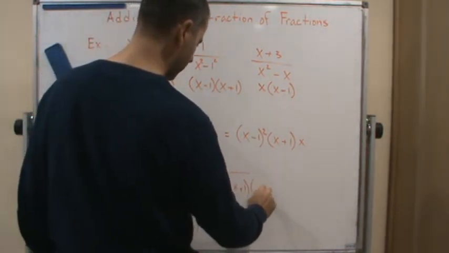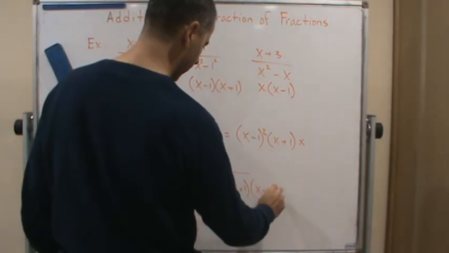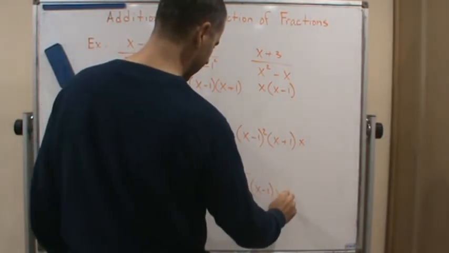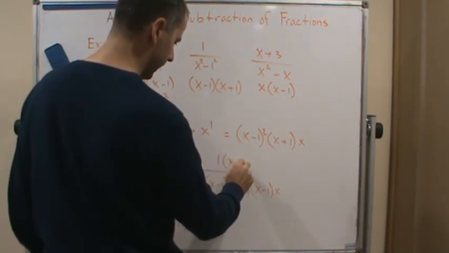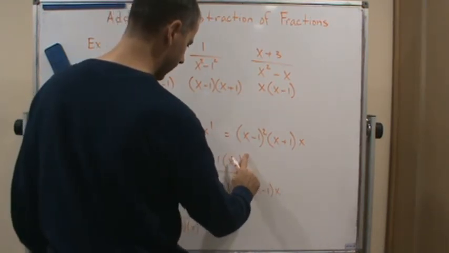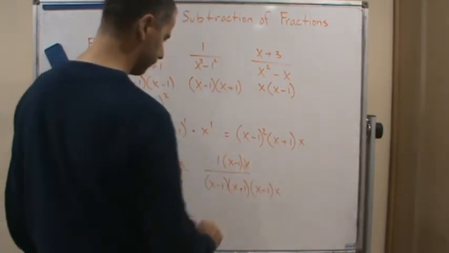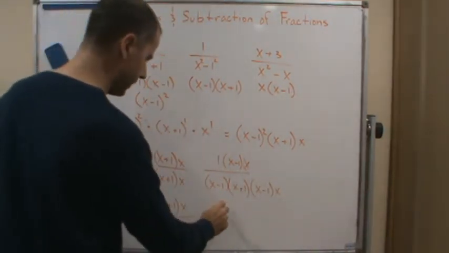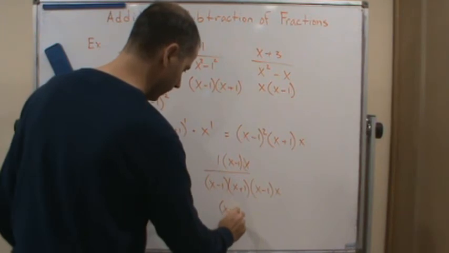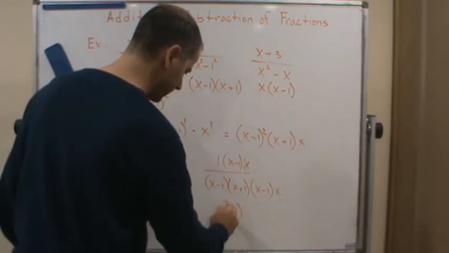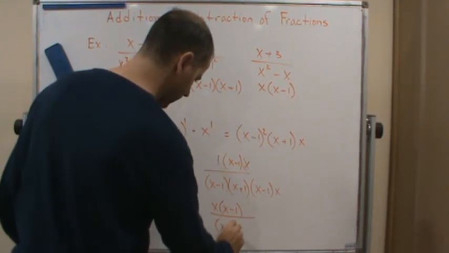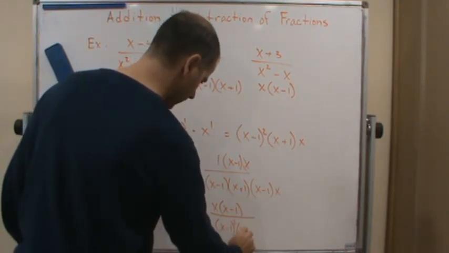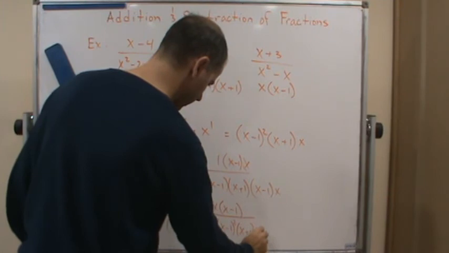And so I need to multiply by another x minus 1 and x. Which means I have to multiply the top also by x minus 1 and x. And so this simplifies to x minus 1 times x over x minus 1 squared, x plus 1 times x.